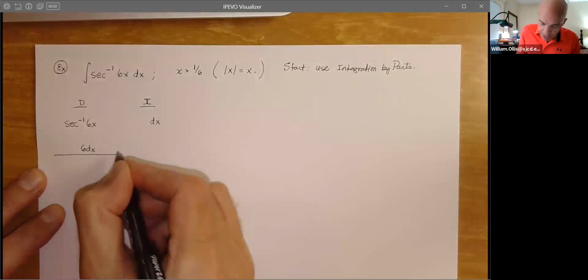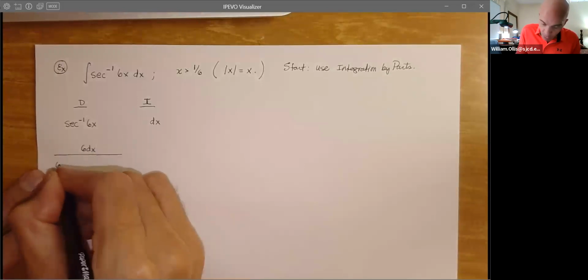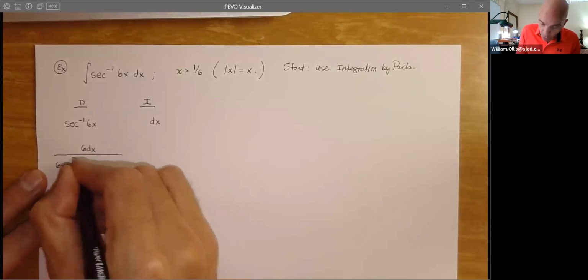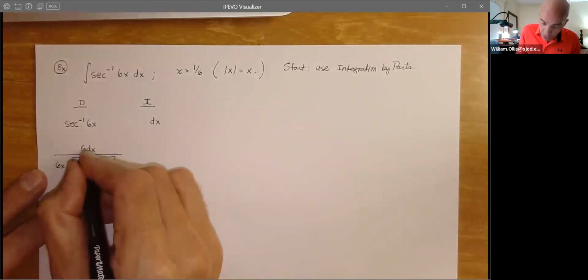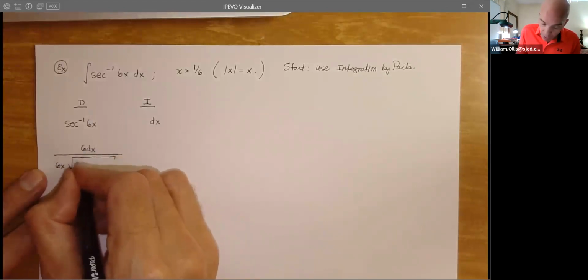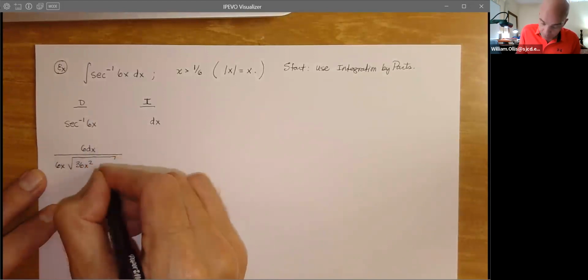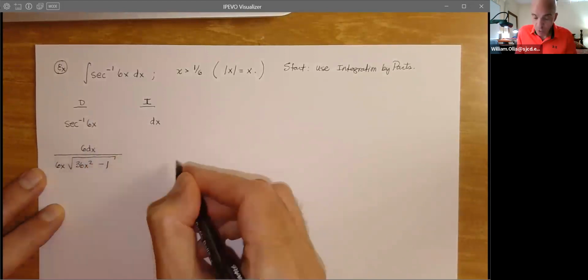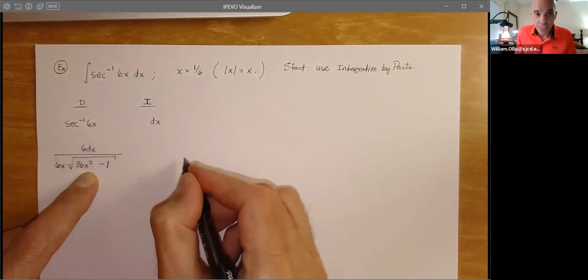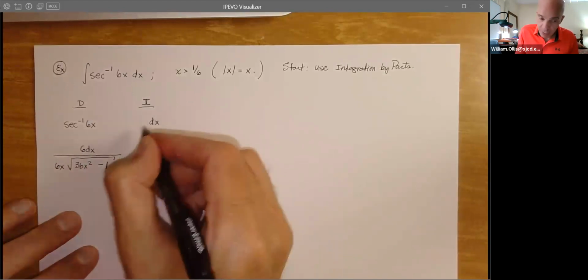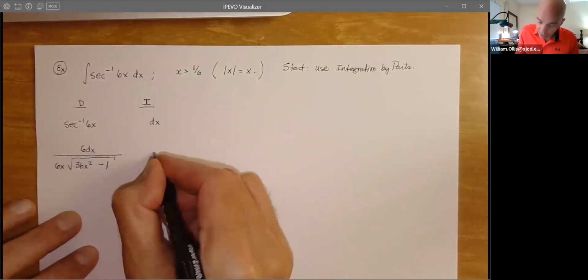And then we'll have 6x, the absolute value of 6x, times the square root of u squared minus a squared. So this will be 36x squared minus 1. So that's the derivative of the inverse secant. And then, of course, the dx just gives us an x.